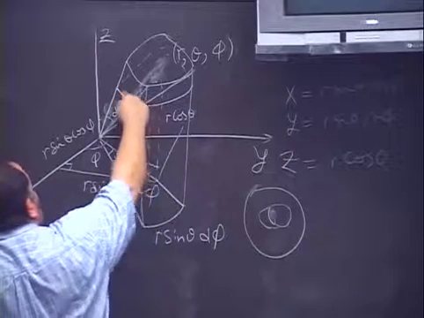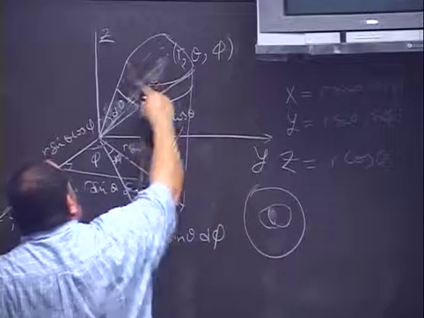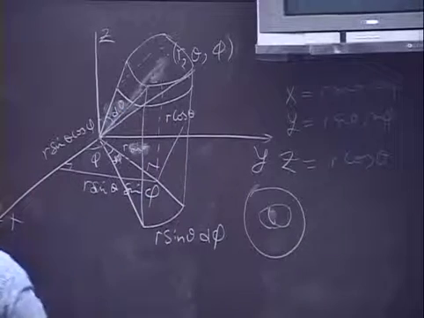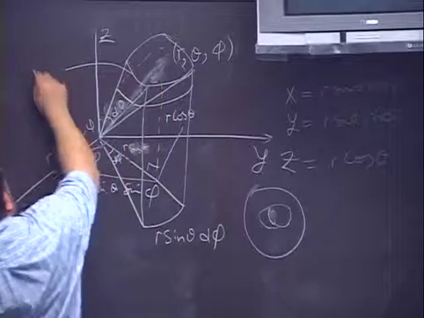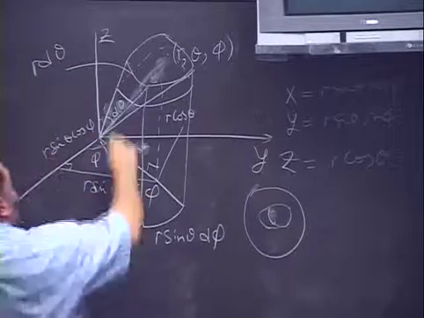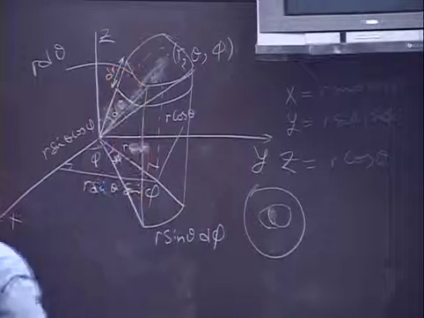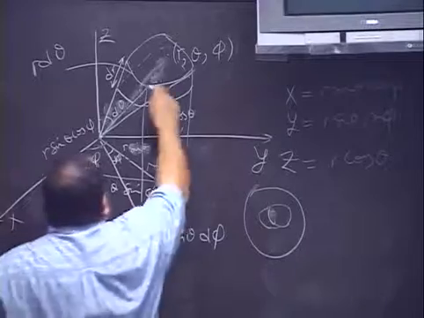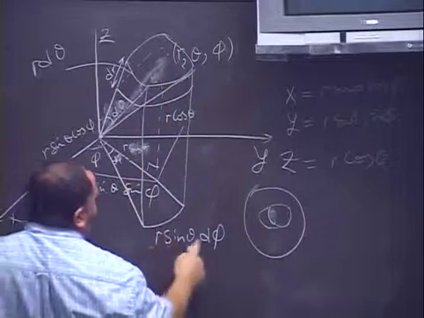And in this location, what's this? It's r multiplied by what? Delta theta. So this location is r delta theta. And in this direction, the r direction, this is what? Delta r. So the cross-sectional area here is just r d theta multiplied by r sine theta d phi.